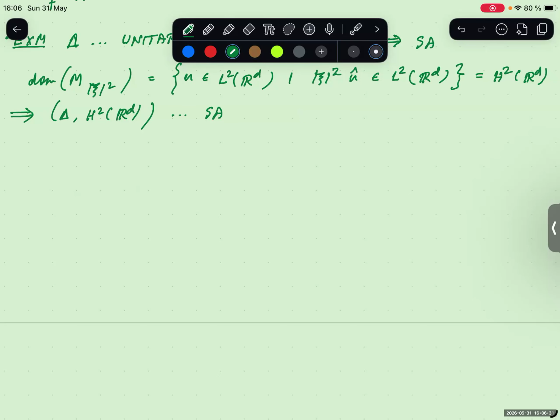We saw it as a special case, but maybe I give it as a lemma: for an essentially self-adjoint operator, the closure is the unique self-adjoint extension.